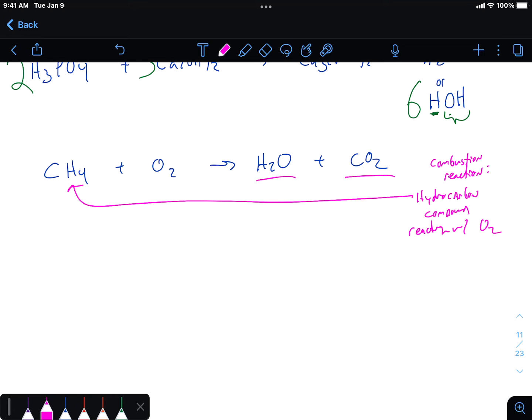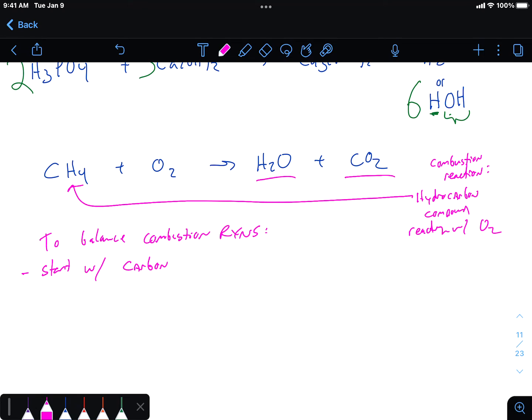So, in combustion reactions, start with carbon. So, all right, there is one carbon on the left, there's one carbon on the right. Okay, well, that was done. That's easy. It's not always going to be the same, but, you know.